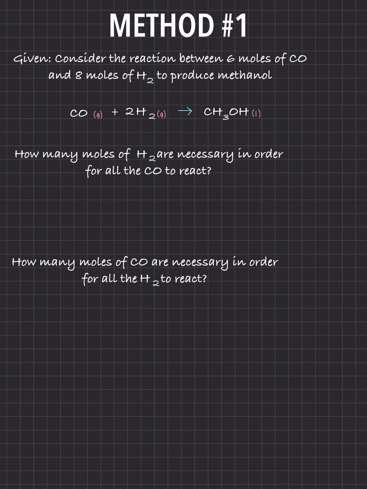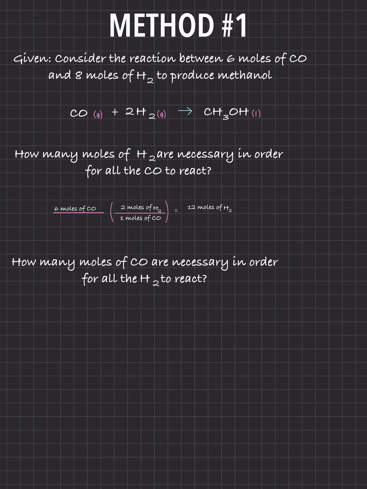I want to see, for all my CO to react, how many H2 would I need? So I have 6 moles of CO, and for every mole of CO, I have 2 moles of H2. My units are going to cancel, and I'm going to have 12 moles of H2. I would need 12 moles of H2 to be able to use all my carbon monoxide.